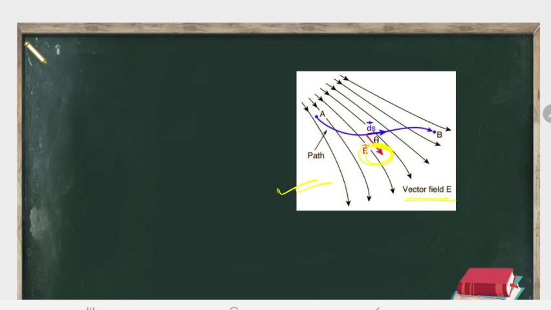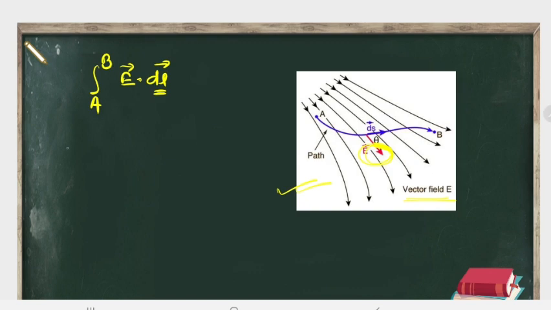And the line integral of vector field E along the path L is given as integration from A to B of vector E dot vector dl, where dl is the differential length.